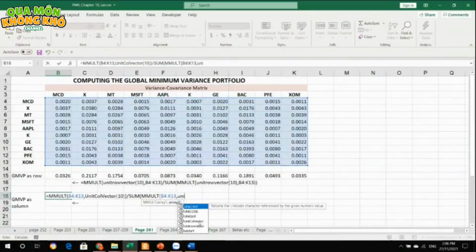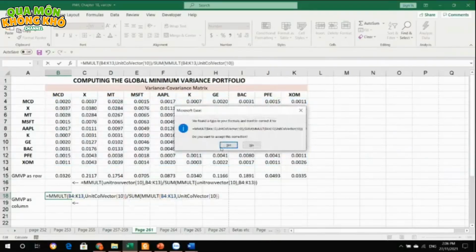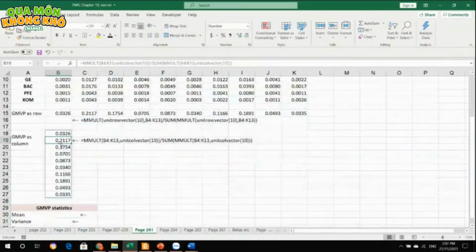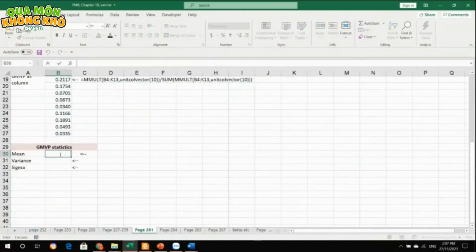Enter. It is just the transpose of the GMVP as row.